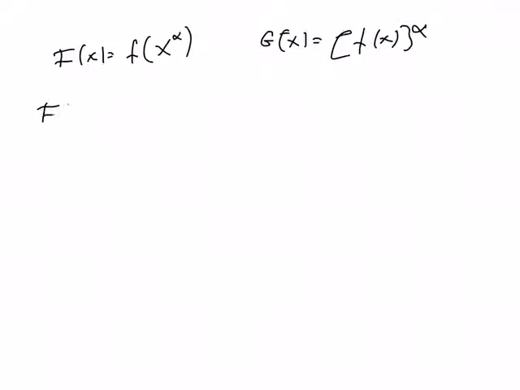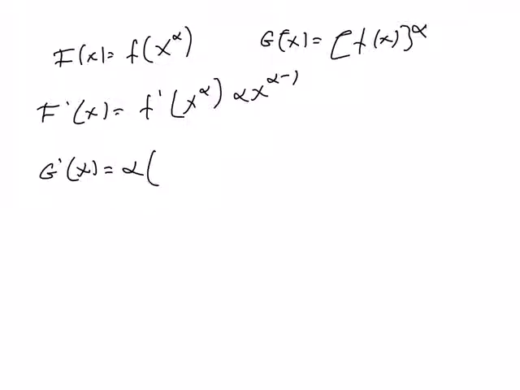So we want to find F prime of x. Well, that's going to be f prime of x to the alpha times alpha x to the alpha minus 1 by the power rule and the chain rule, and G prime of x is going to be alpha times f of x to the alpha minus 1 times f prime of x.